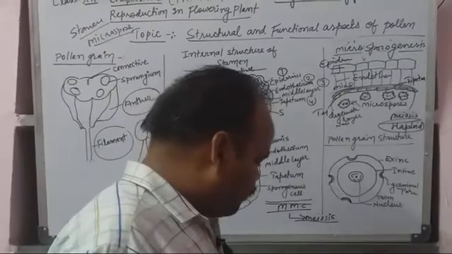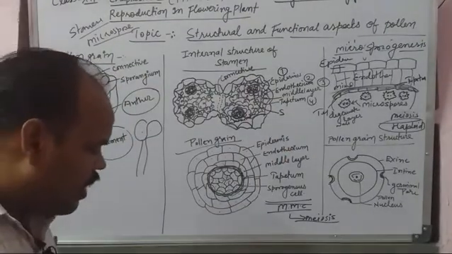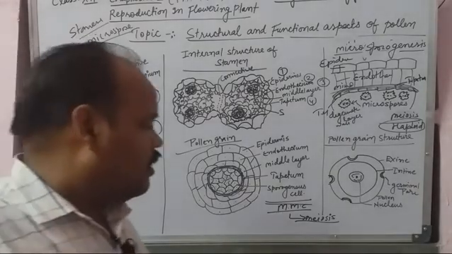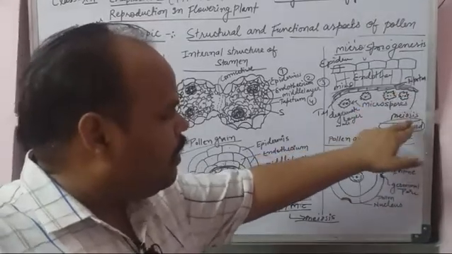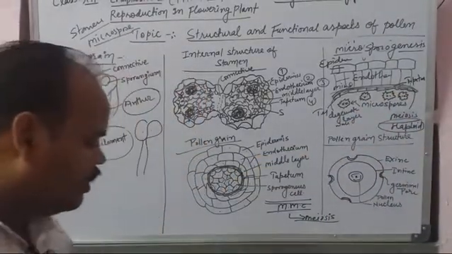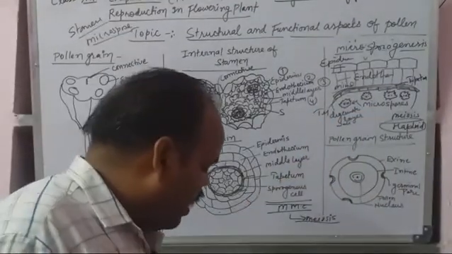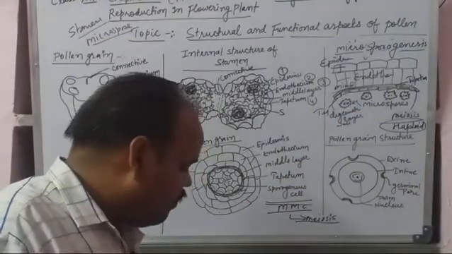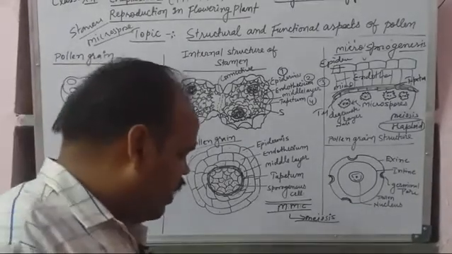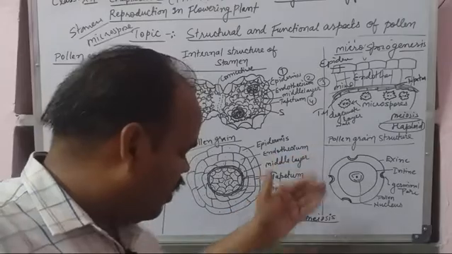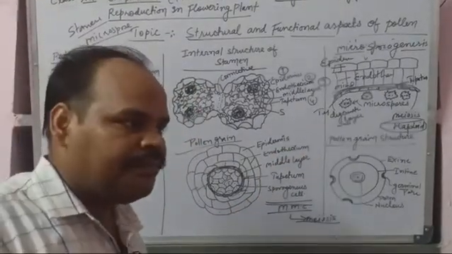So now that is the structure, and you know very well the tapetum is involved in the formation of pollen grain and also the exine formation. The formation of exine is also by the tapetum.